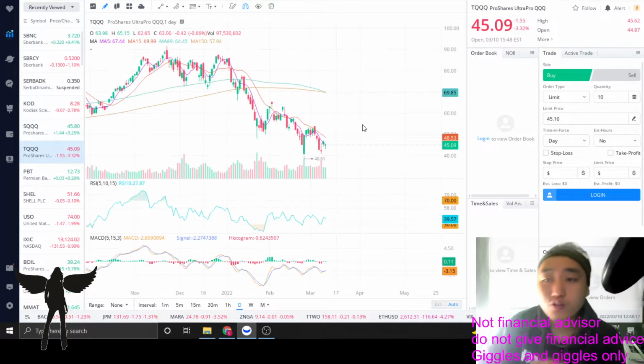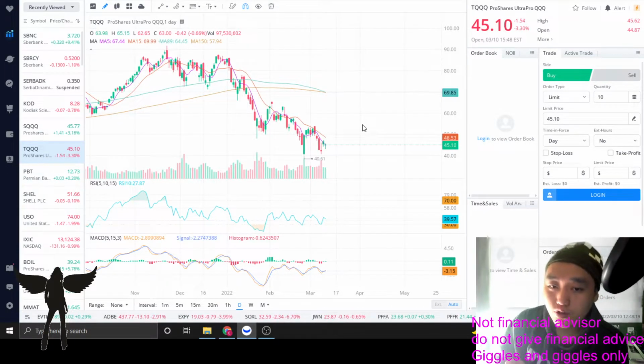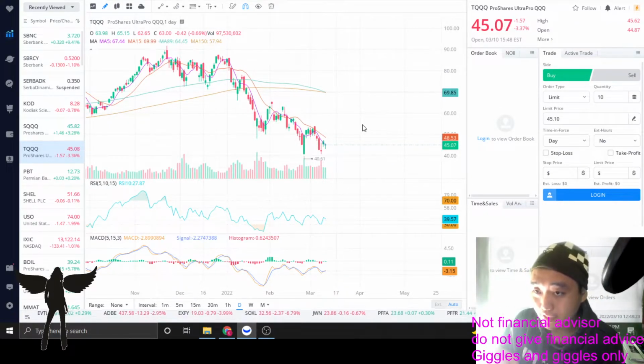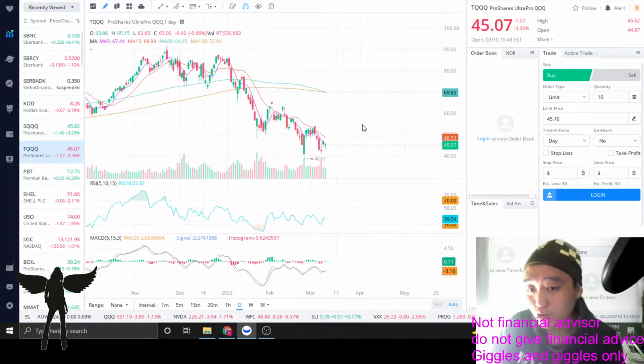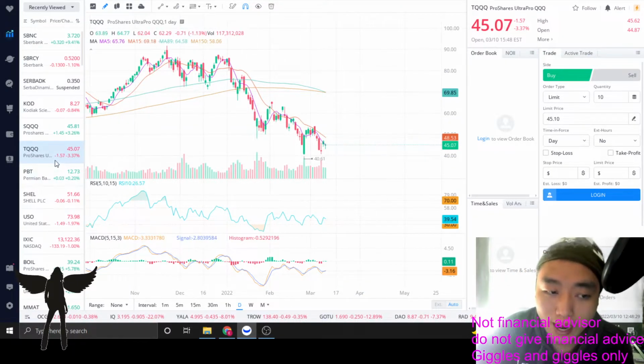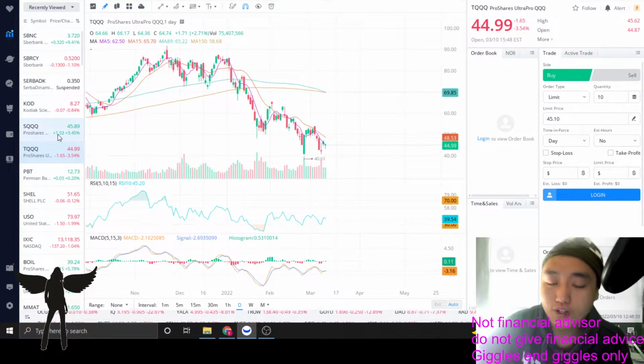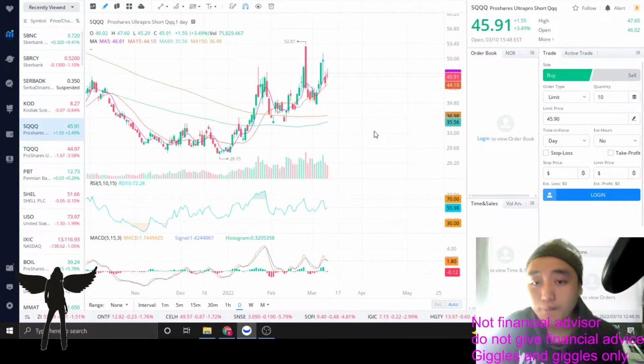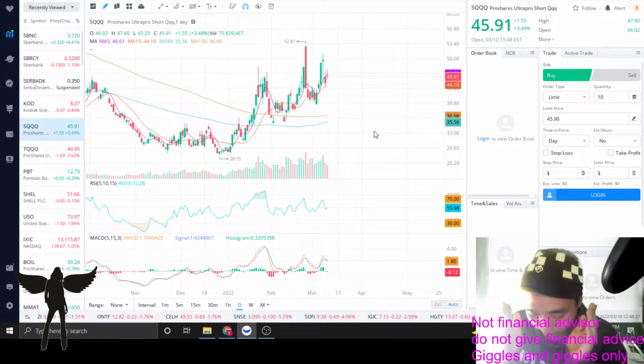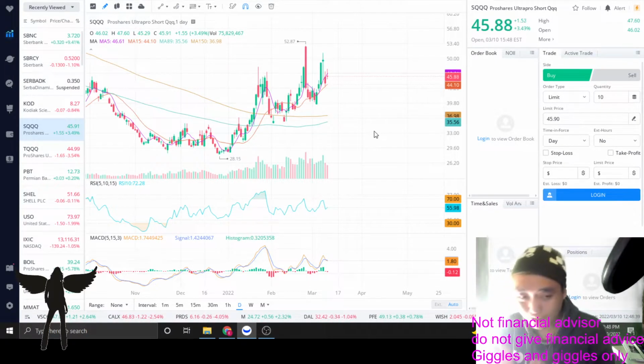And contrarily, if you buy into TQQQ, every 1% increase in Nasdaq, you will make 3% in TQQQ earnings. But here's the interesting part. Usually TQQQ's price will be 2 times or 1.2 times more than SQQQ. But if you look at the price of SQQQ and TQQQ right now, they have very similar pricing.